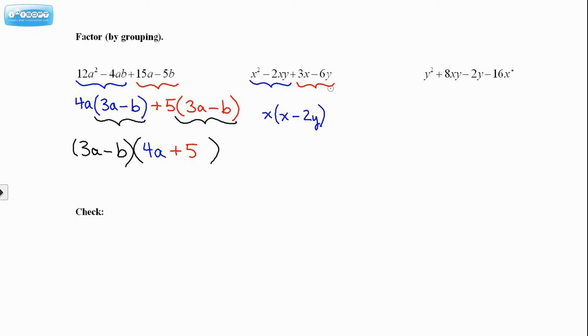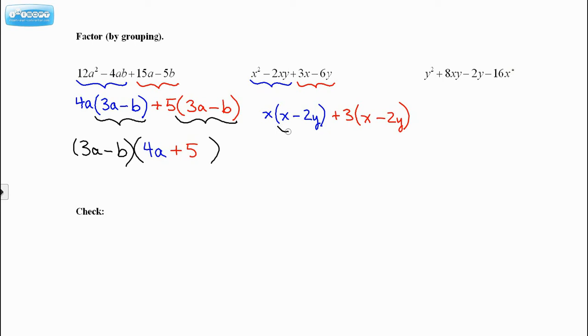3x minus 6y. Well, the best thing I can do is factor out a 3. It's positive, so you have to put a sign here, or an operator. And that would be x divided by 3. That gives me minus 2y. Huh. What do you know? It works. These two are the same.